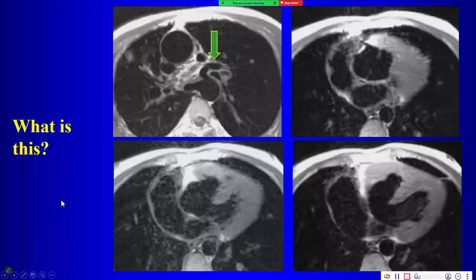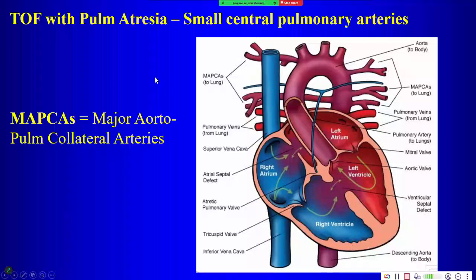What are these vessels called? Yeah, so these are called major aortopulmonary collateral arteries. And so these can come off the descending thoracic aorta to supply the lungs if you have severe outflow obstruction or pulmonary atresia where the lungs are not being supplied by the pulmonary artery. So those are major aortopulmonary collateral arteries.